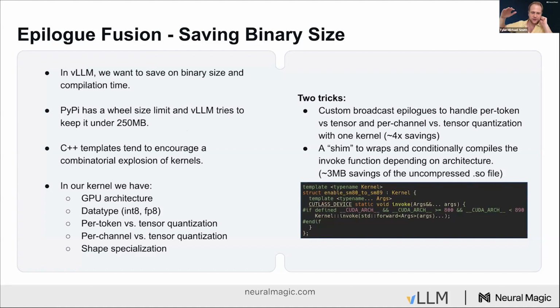So one of the things we did was we implemented custom Cutlass epilogues to do the per token and per channel cases with the same code as the per tensor case, which gave us about a 4x savings. We also implemented little shims to wrap our kernels and turn them off on architectures that we're not going to use them on, to save even more.